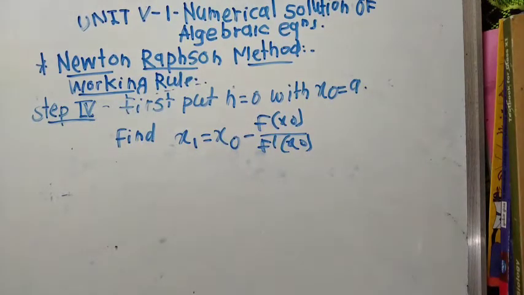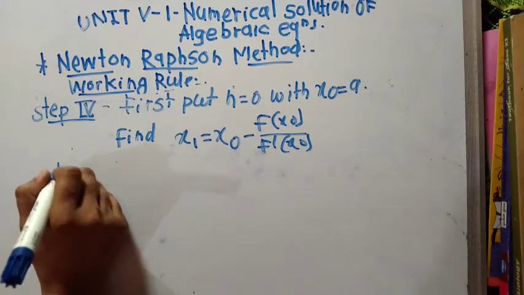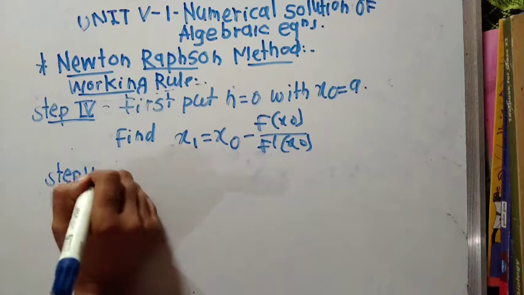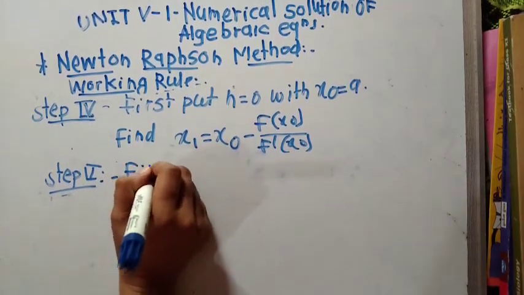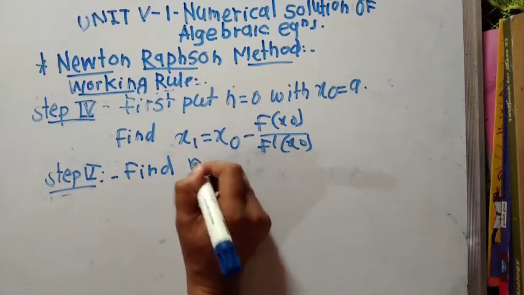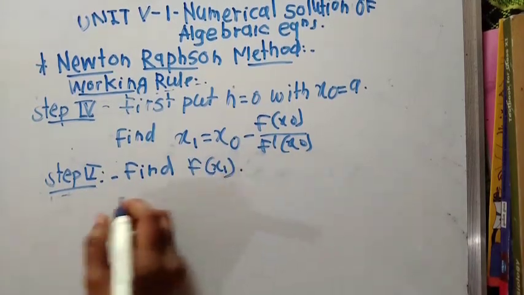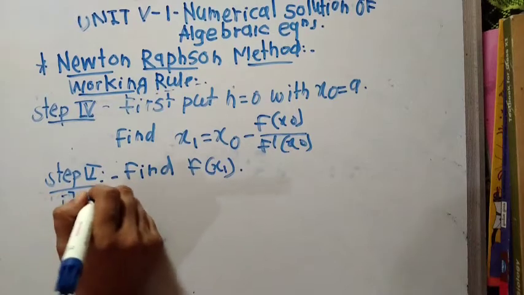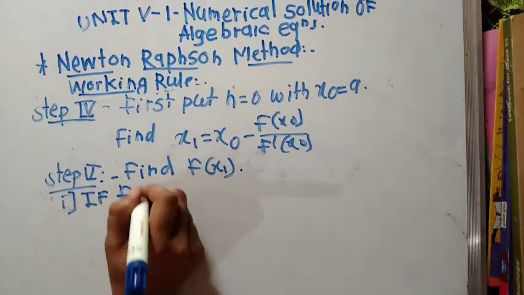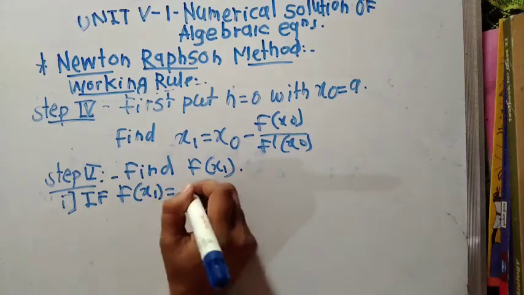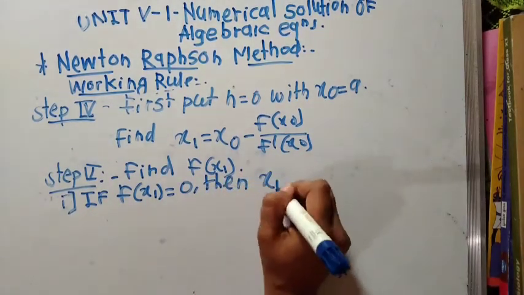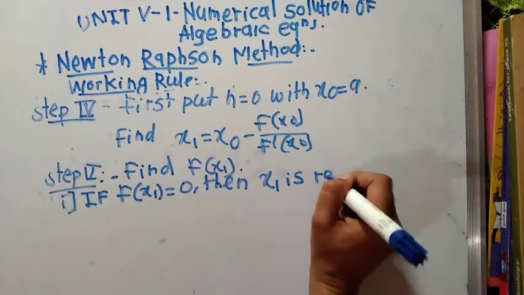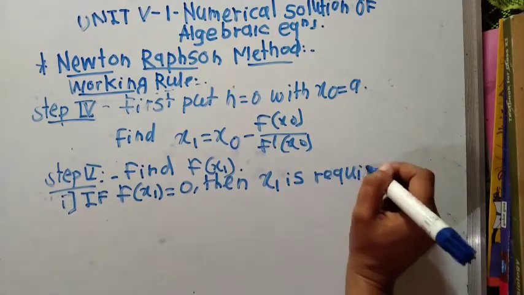Then step 5 is find f of x1. First, if f of x1 is equal to 0, then x1 is the required root.